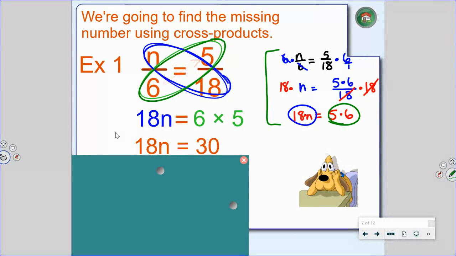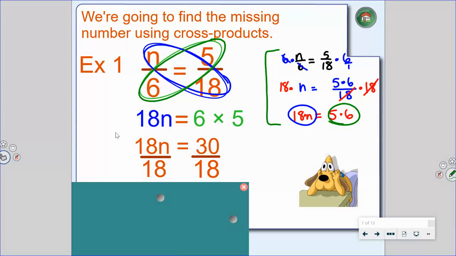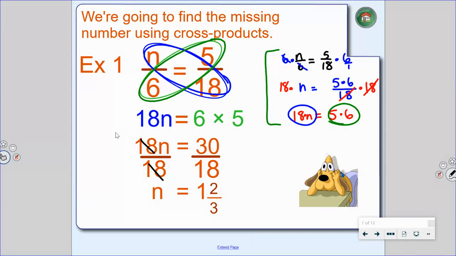How do we get rid of that 18? We're going to divide by 18, of course, because after all, 18 eighteenths makes one whole n, and 30 eighteenths can be reduced. Some of you like to reduce first and then change to mixed numbers later.